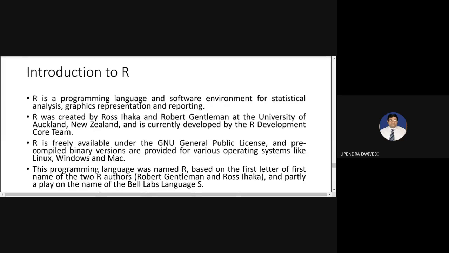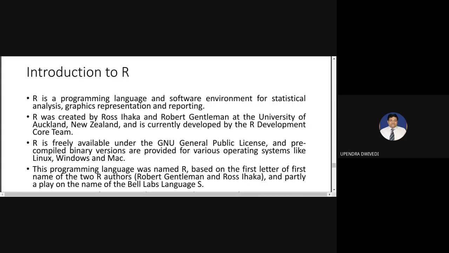A large number of developers came together and contributed code and bug fixes to the R language, and a group of researchers formed the R Development Core Team, and this team is developing R and providing updates as per the development.